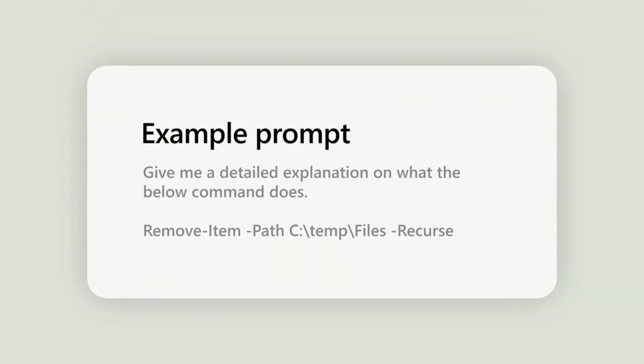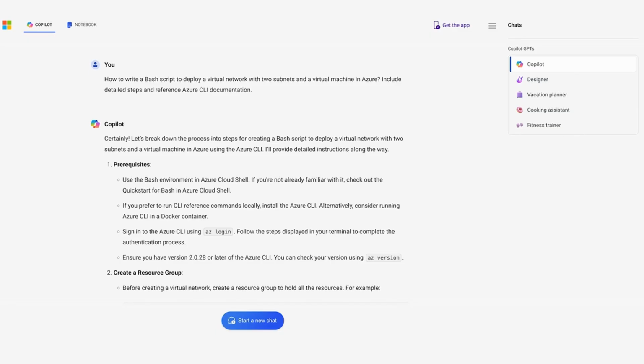For example, give me a detailed explanation on what the below command does. Remove-Item -Path C:/temp/files -Recurse. Copilot instantly generates the output, providing you with the answer you need.